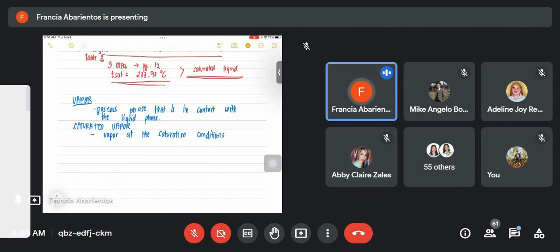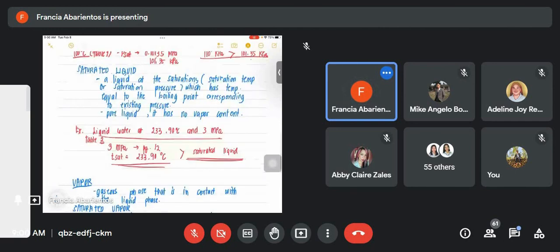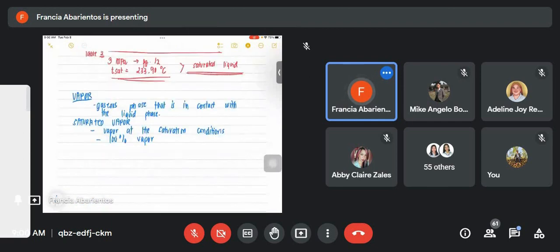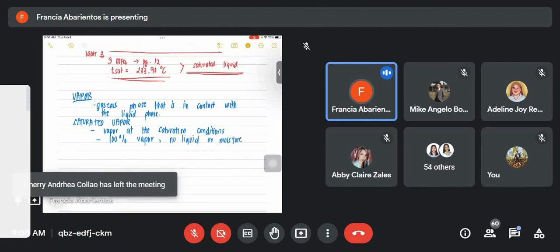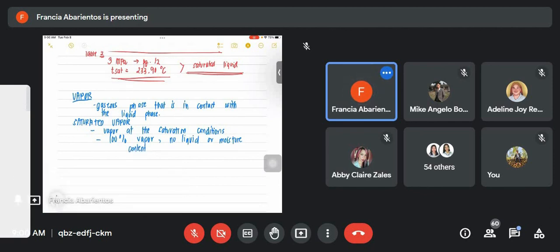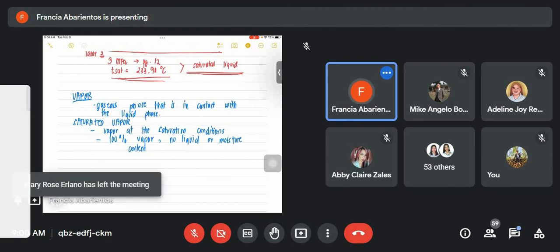So, kung kanina we have the saturated liquid na 100% pure liquid siya, no vapor content, we have also the saturated vapor wherein 100% vapor siya, no liquid or moisture content. Okay? So, saturated vapor siya. Makikita niyo din to class sa vapor. So, ituturo ko naman ito.